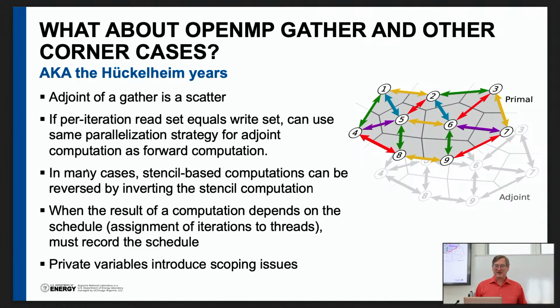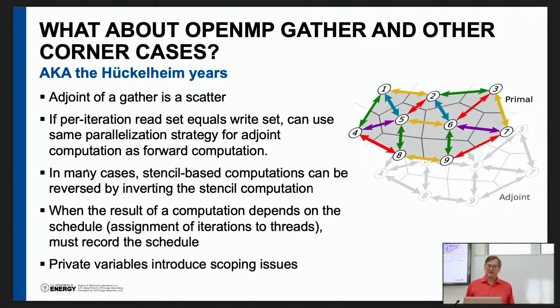Looking at the case where if your per iteration read set is the same as your write set, then you can use the same parallelization strategy for the adjoint computation as you do during the forward computation. So this extends the set of parallelizable loops that can be differentiated.